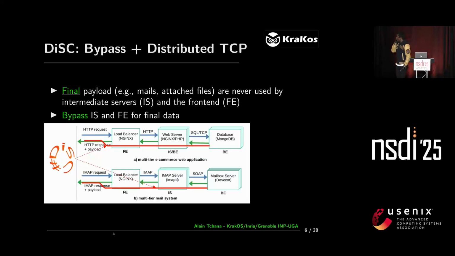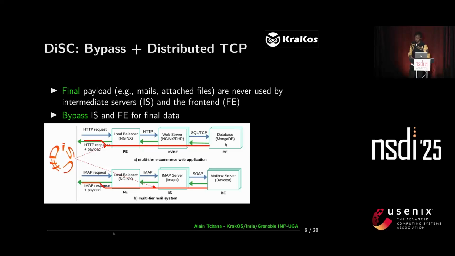This is why we came up with this technique that we call DISC, distributed shared TCP connection between several applications or several tiers in a multi-tier application. What we want to do is what I mentioned.